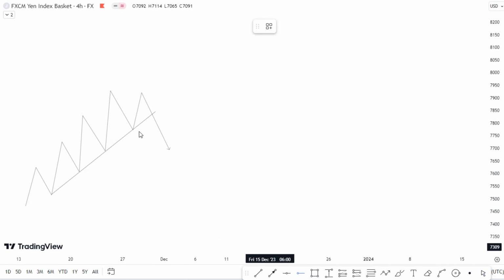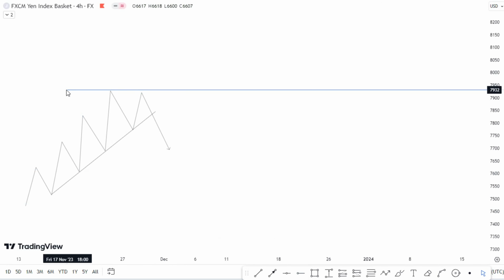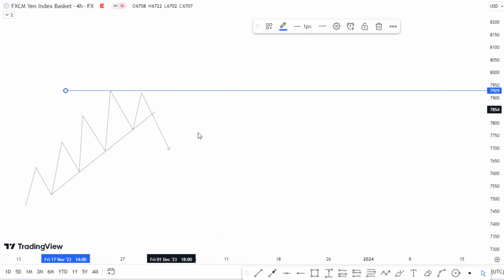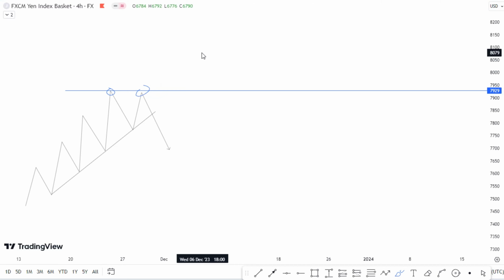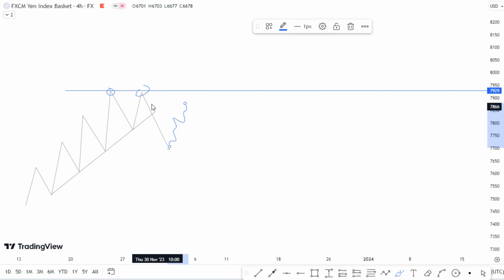After we place this resistance zone, we expect, after the double top formation, which is basically called an M pattern, the market to do some simple pullbacks, corrective movement, until the top of the order block, might be around these areas here or around these areas here.